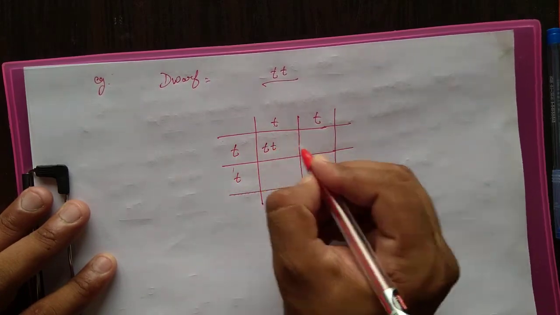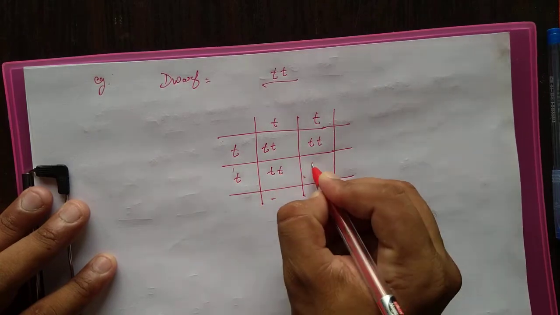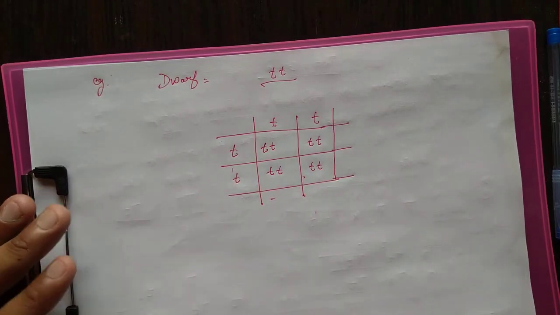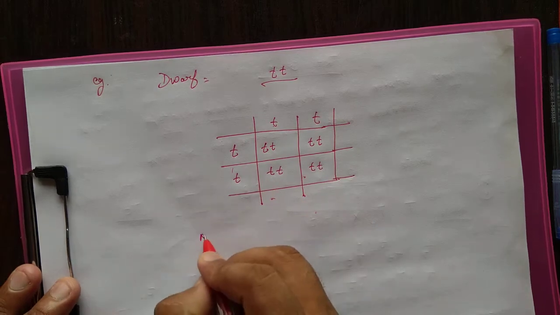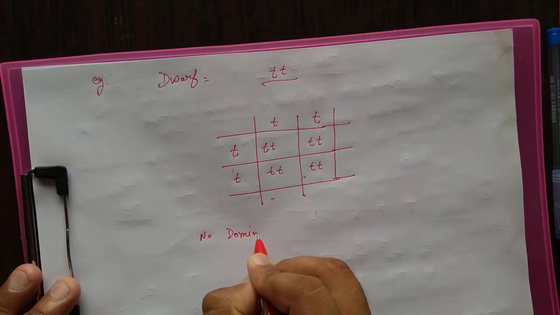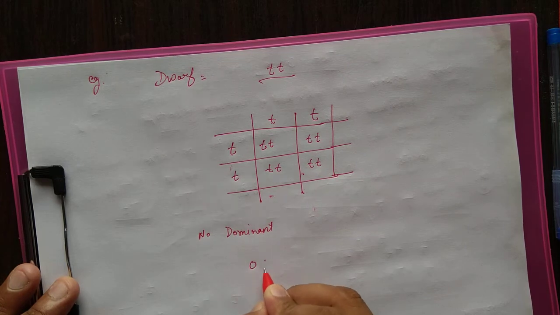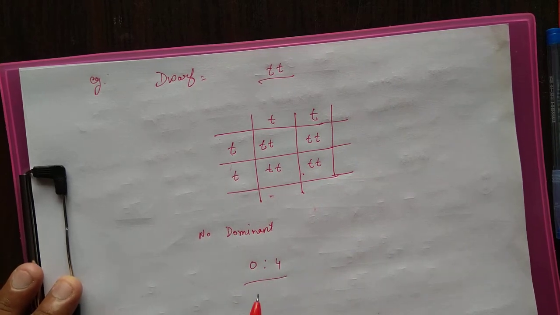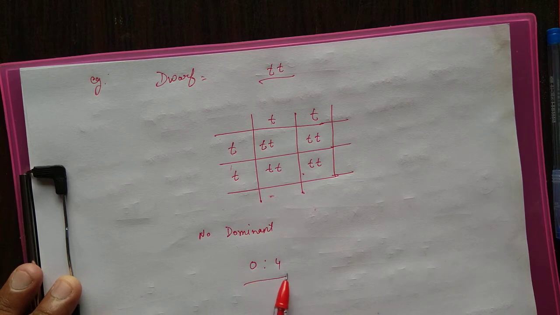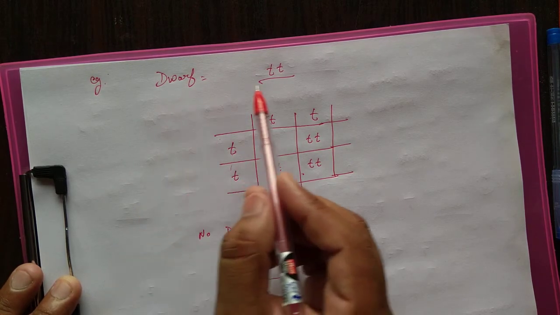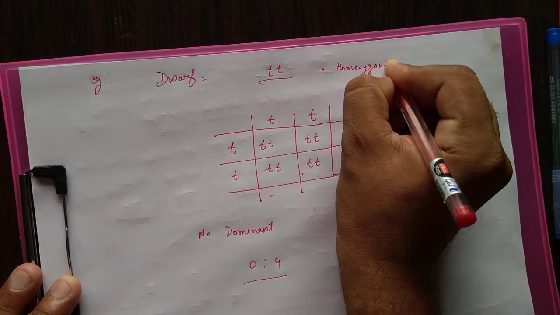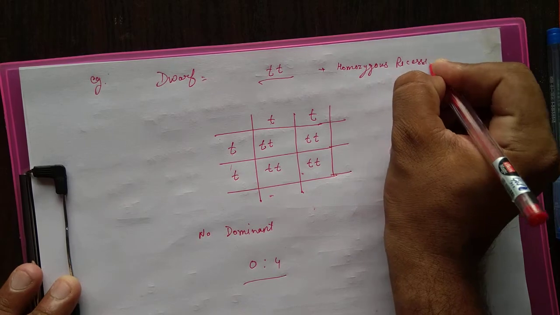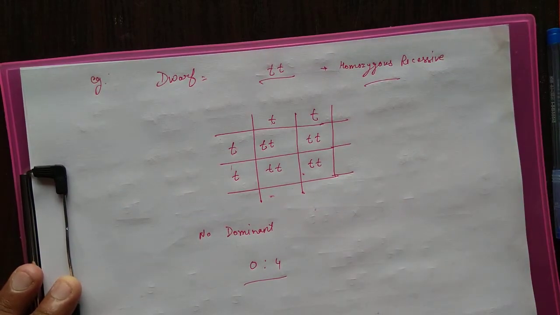The result will be all recessive traits. When writing alleles, the dominant is written first, but here there is no dominant, so the dominant ratio is 0:4. If the ratio is 0:4, it means the unknown genotype is homozygous recessive. So this is the test cross.